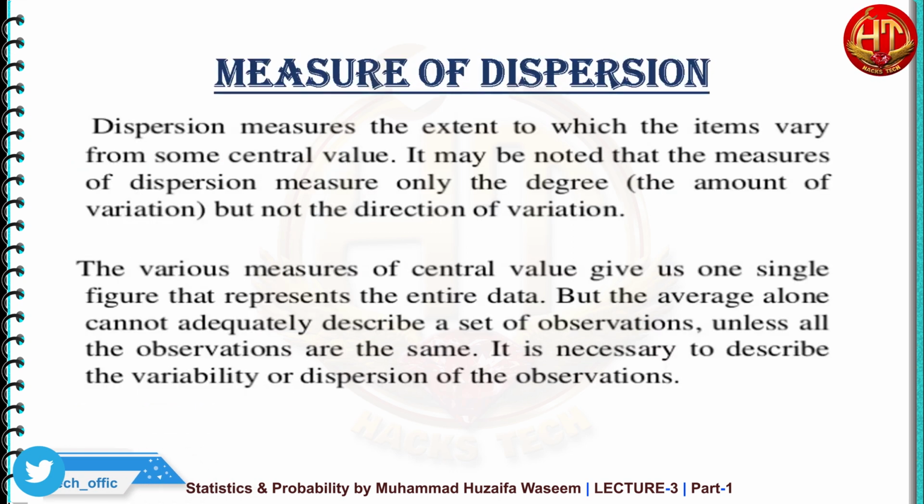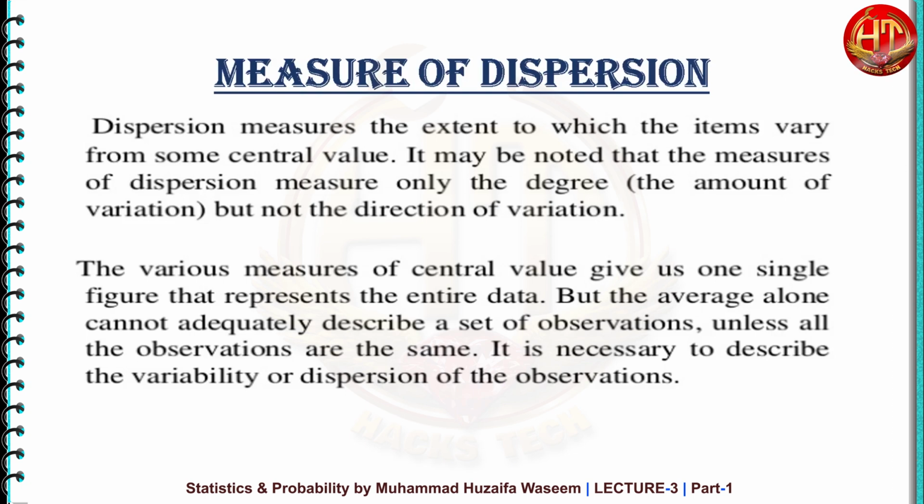Dispersion. Dispersion measures the extent to which the items vary from some central value. It may be noted that the measures of dispersion measure only the degree, the amount of variation, but not the direction of variation.